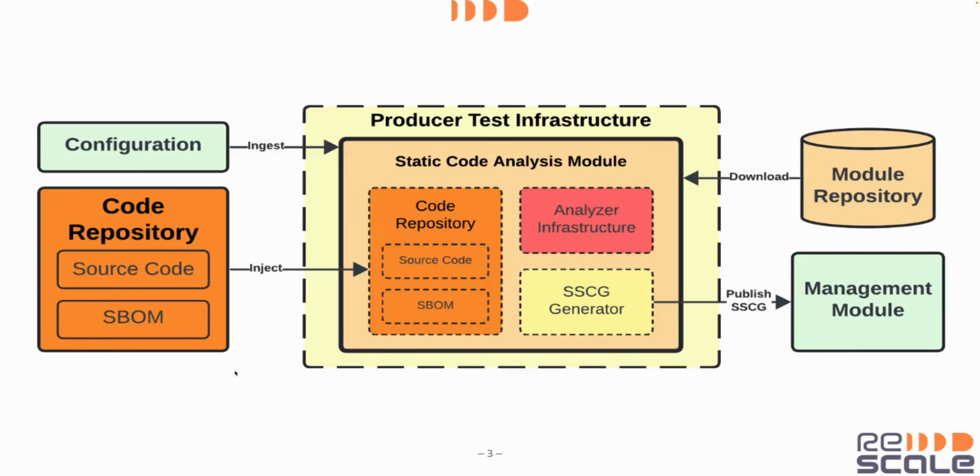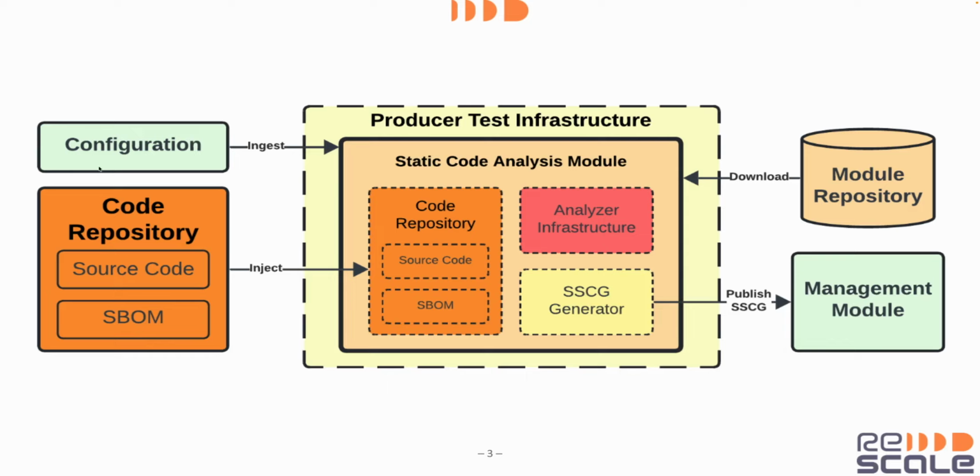And if we look into the architecture of the static code analysis module, again here we can see that the input to the module is the source code of a software project and also the S-BOM.